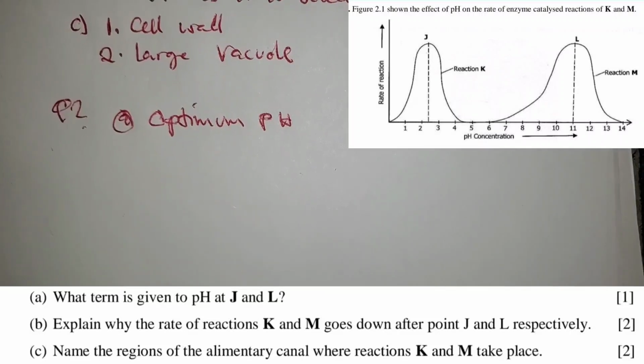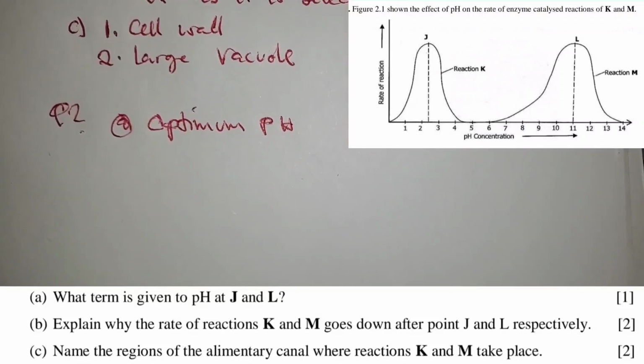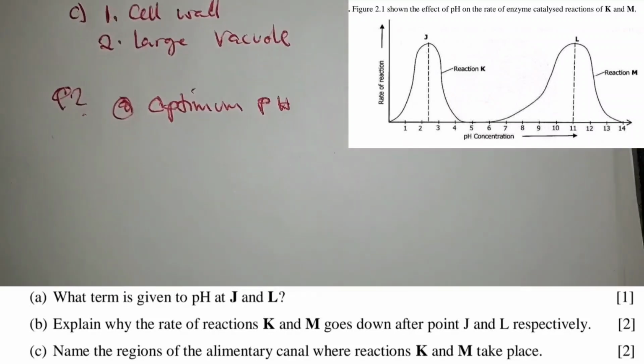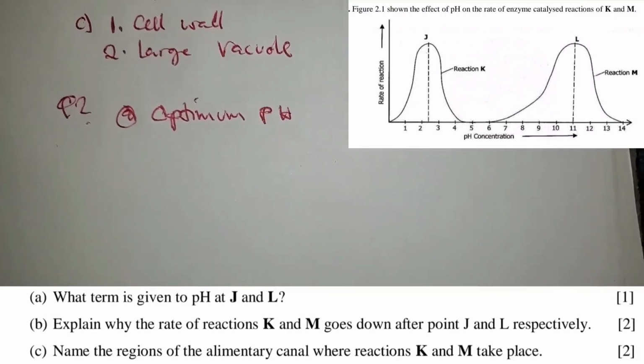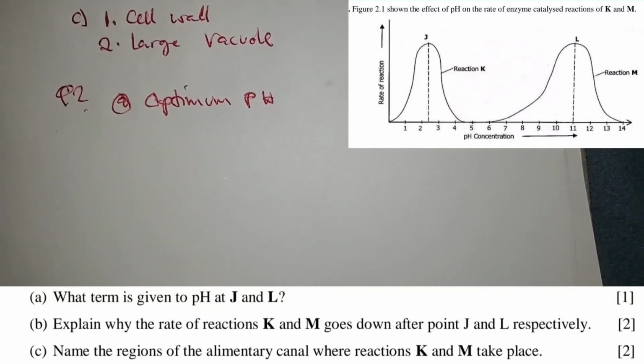Explain why the rate of reaction K and M goes down after point J and L respectively.